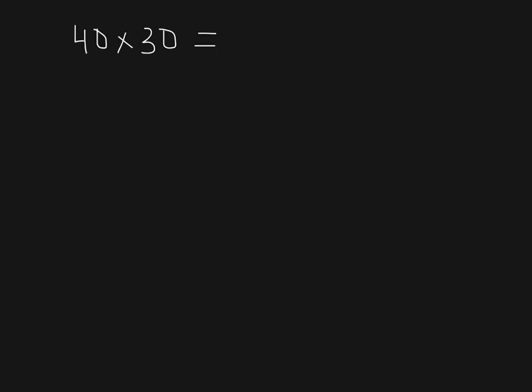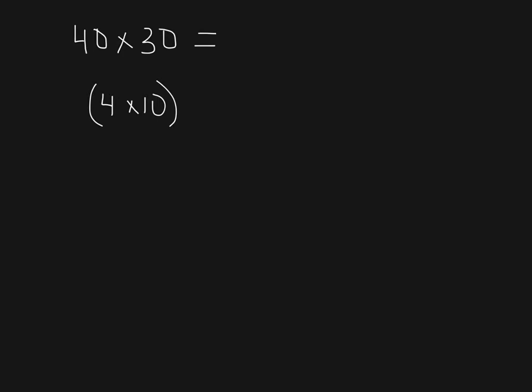So now we're going to find the solution to 40 times 30, and we'll be using the associative property once again. And the first thing I want to do is break down 40 by its place value. So 40 is 4 times 10. And I'm going to start out with my parentheses around that so it looks like expanded form.